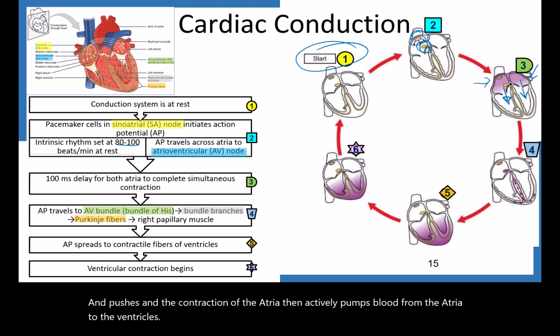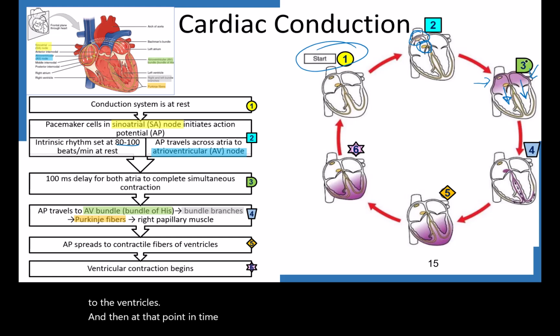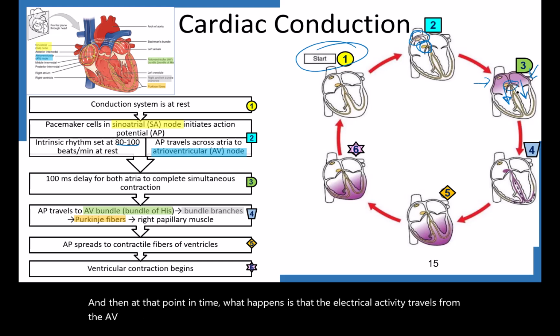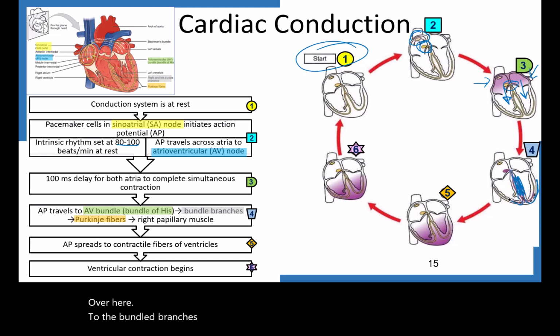At that point in time, the electrical activity travels from the AV node to the AV bundle over here, to the bundle branches, and then to the Purkinje fibers on the outside of the ventricles.